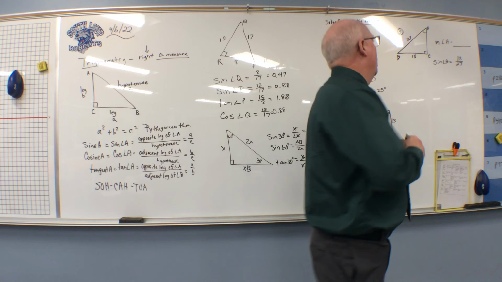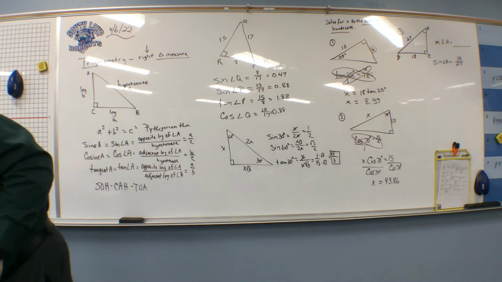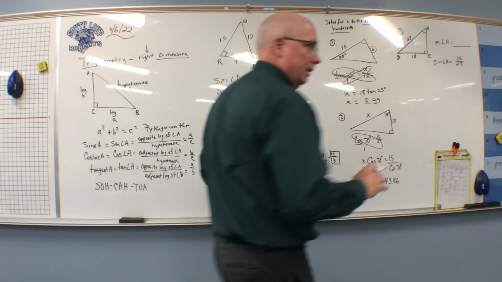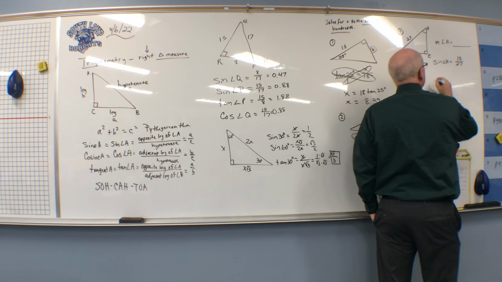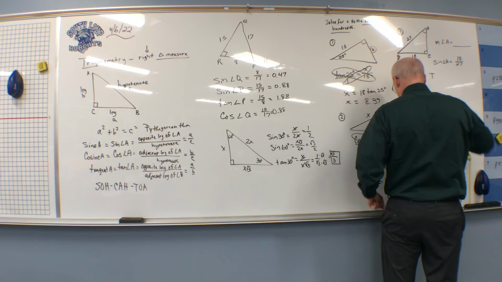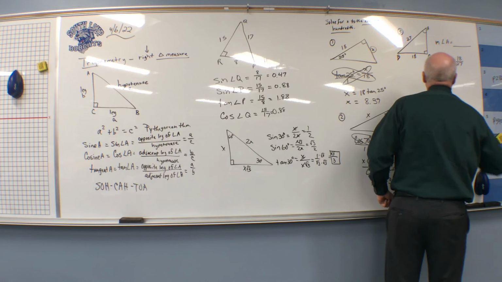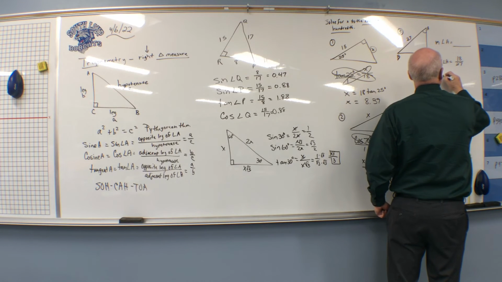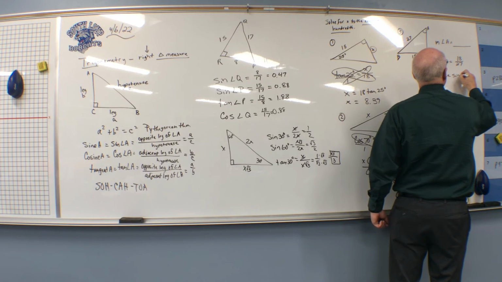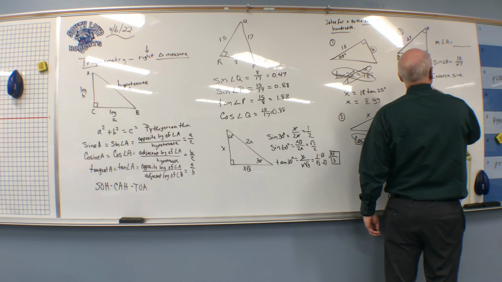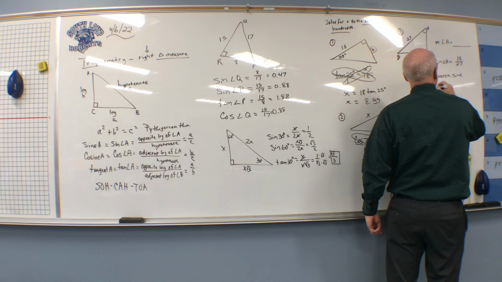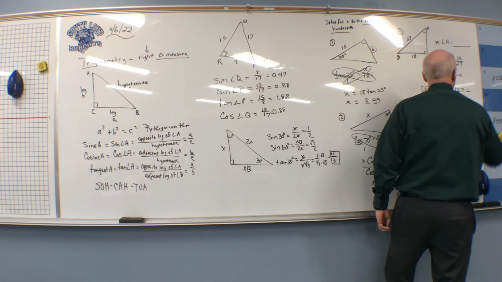I use what we call the inverse sine button. Let me write it down. It's sine to the negative 1. Second, that second button up there, sine, 18 divided by 27 equals.